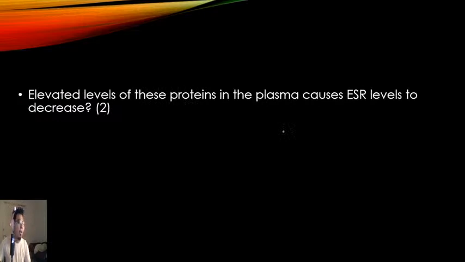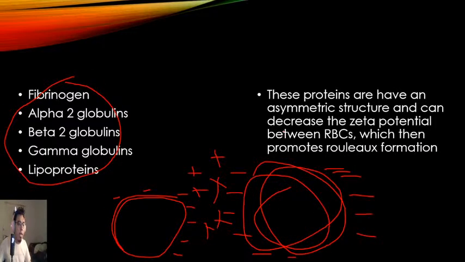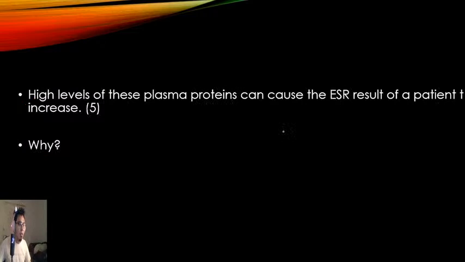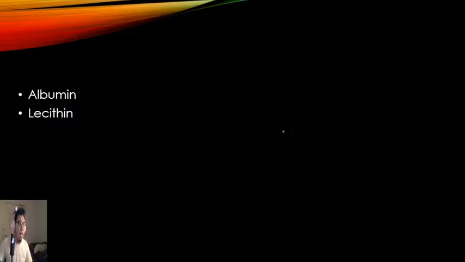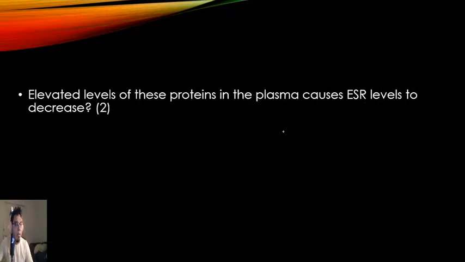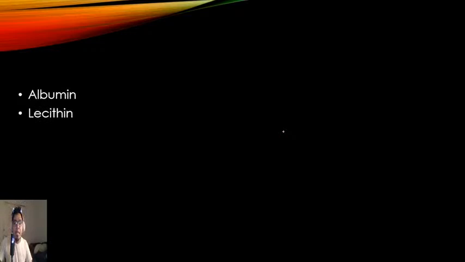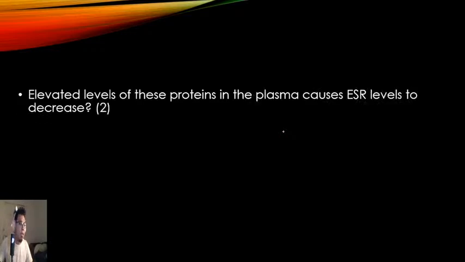All right. Now, elevated levels of some proteins in the plasma can cause ESR levels to decrease. Baliktad naman. To decrease this time. Increase dito sa kabila. Decrease dito sa kabila. Albumin and lecithin. So, albumin and lecithin can decrease the ESR levels.